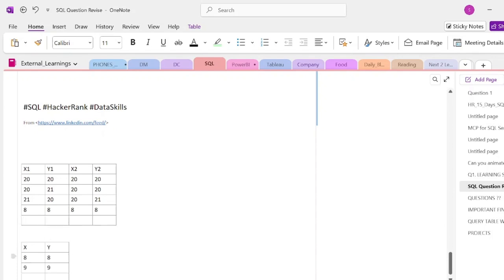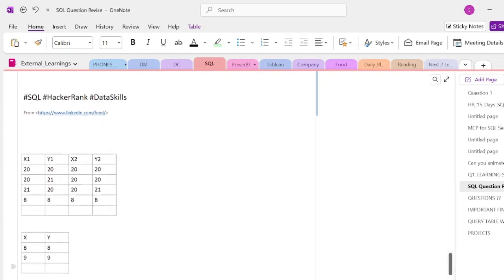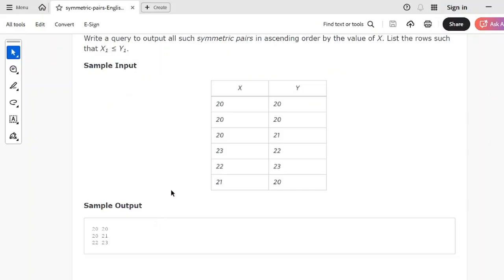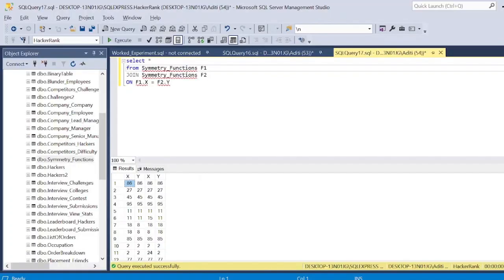That's it. So this is not a symmetric pair, because x1 is not combining with y1, so this single row is not considered a symmetric pair. That's why we neglect all the entries that have a single row.